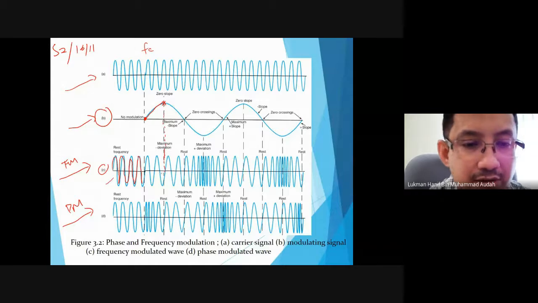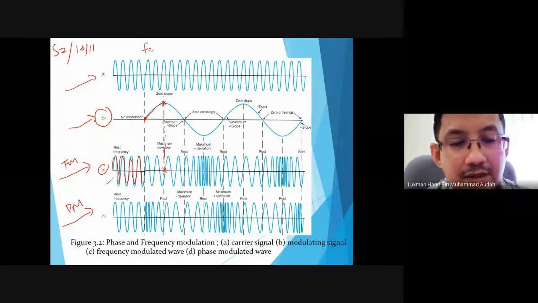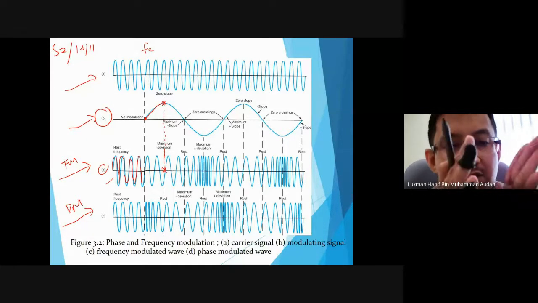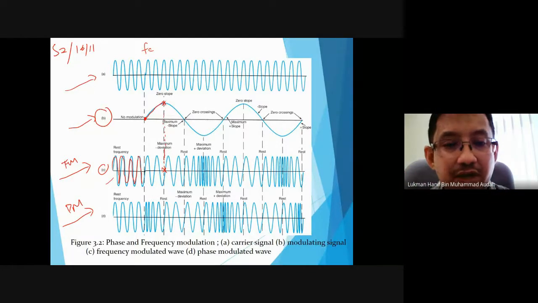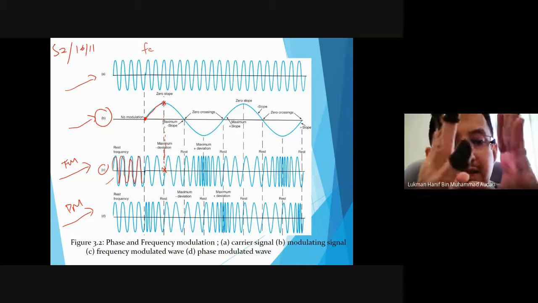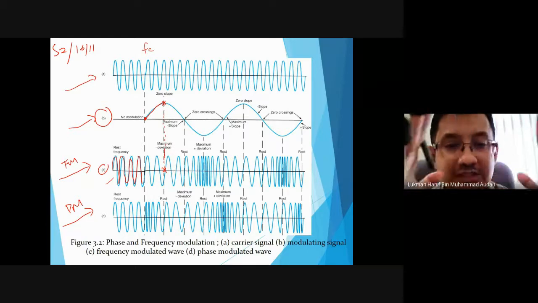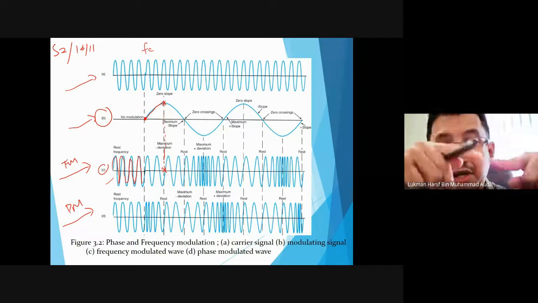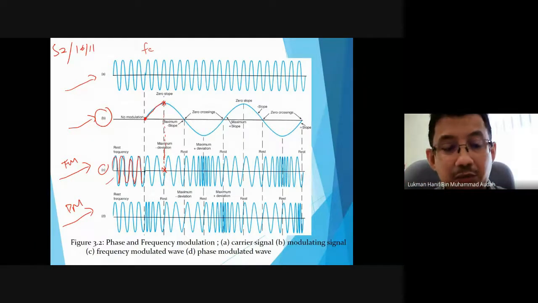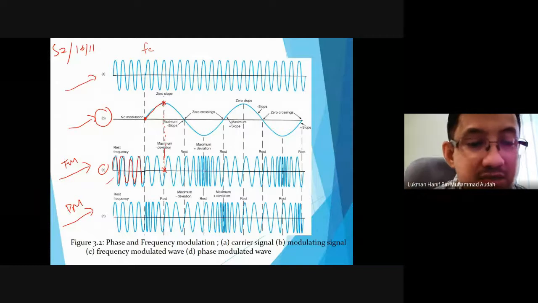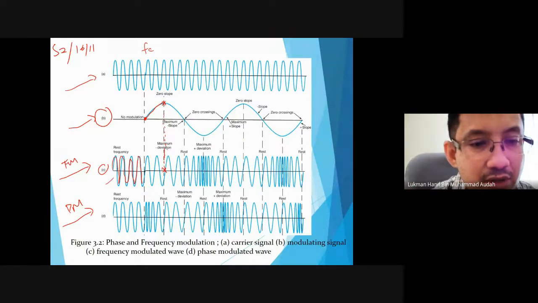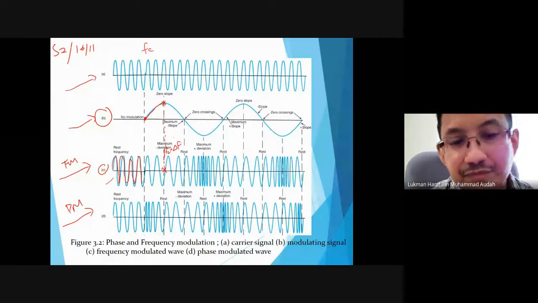You see that at this point, the carrier frequency is minimum because the ripple is at distance away. Gelombang ini berjarak-jarak paling jauh. Dia punya ripple itu jarak jauh. Dia renggang. Okay, so we can see that the carrier frequency at this point is Fc minus delta F.